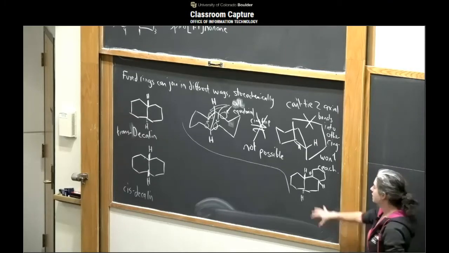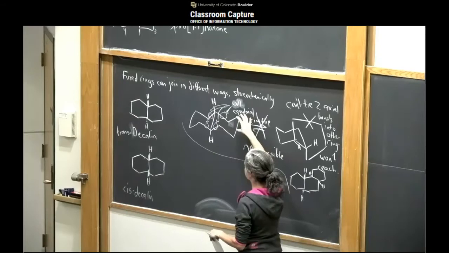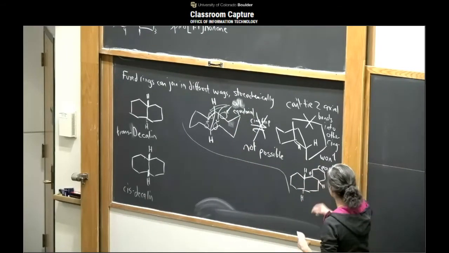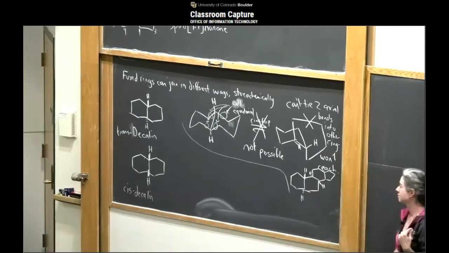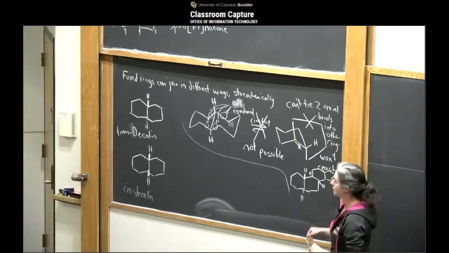And so steroids are basically this flat, permanently locked into one conformation system of rings that are all sort of going off in one direction. There's more to it than that. Actually, yeah, I will draw. The last ring is like a 5-membered ring coming off the side. But they never have the option to chair flip. They're stuck that way forever. Okay, questions about that?